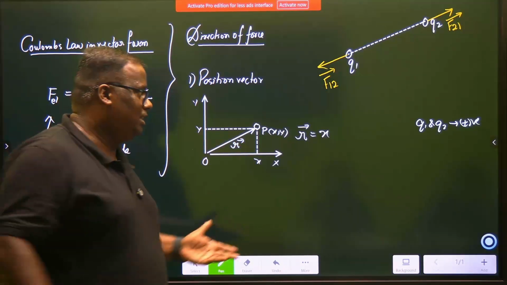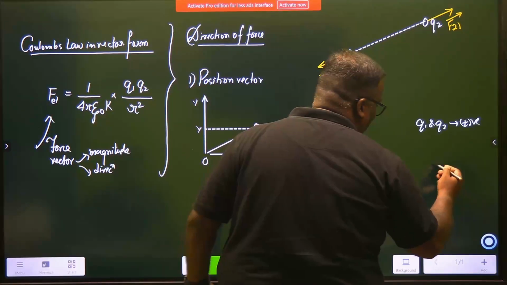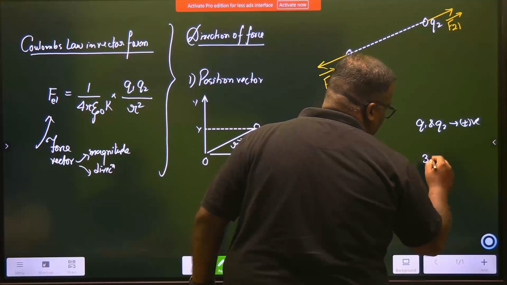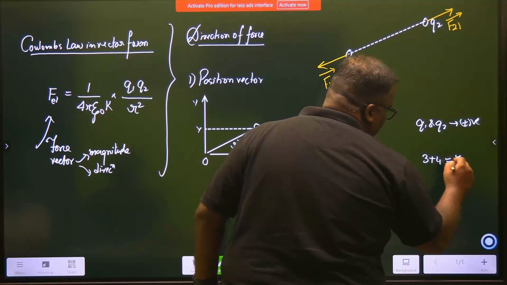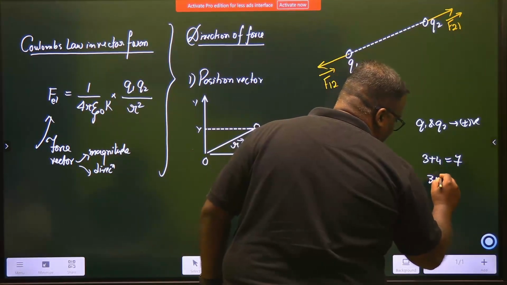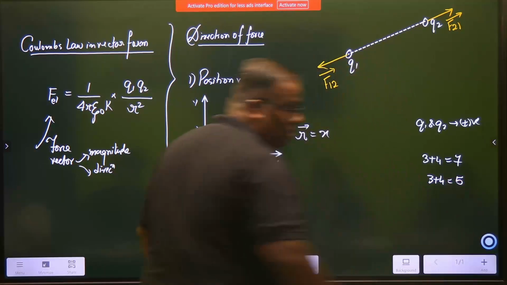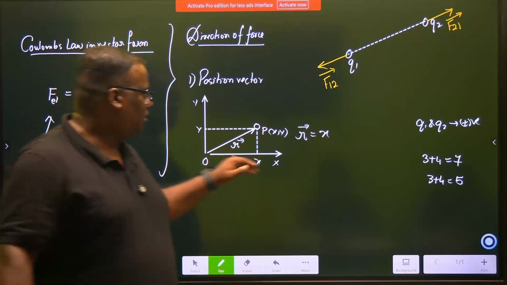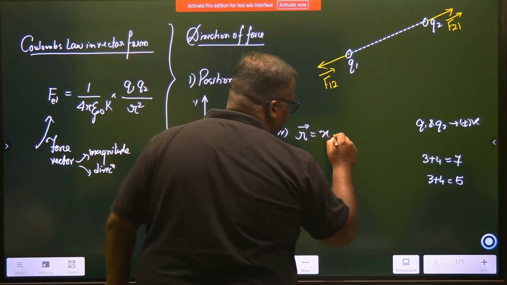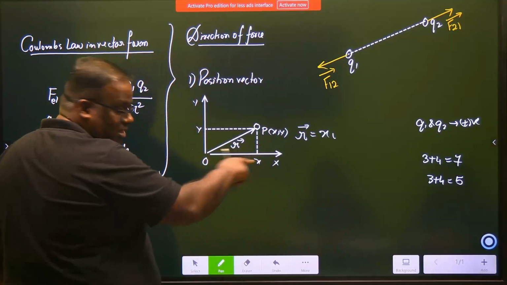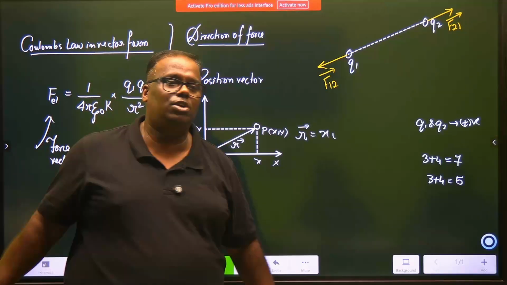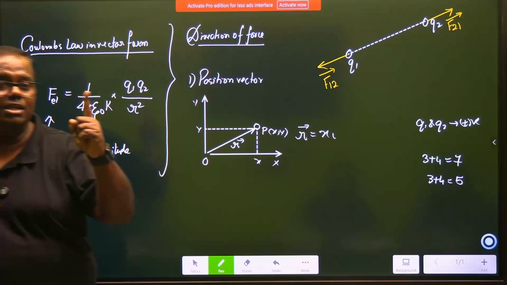The good thing about vectors, which you should have learned in 11 in a nice manner: 3 plus 4 in algebraic sum is how much? 7. But in vector, a 3 and a 4 will give you how much? 5. You're doing a vector sum. So I write my R as x units on the x axis. On the x axis, what is the unit vector? i.